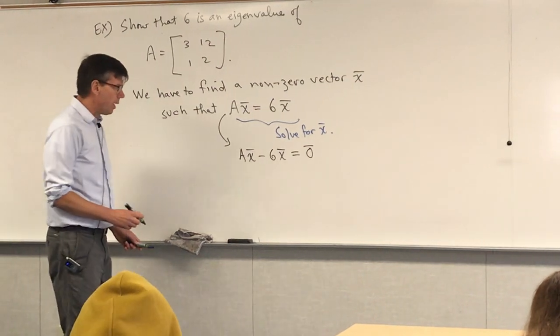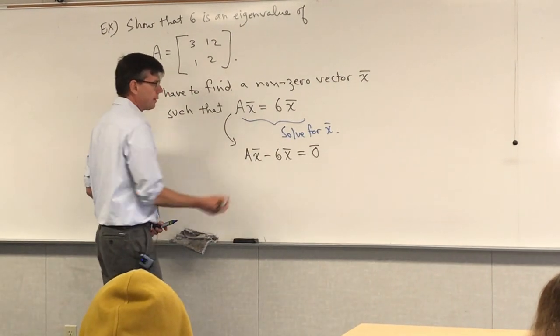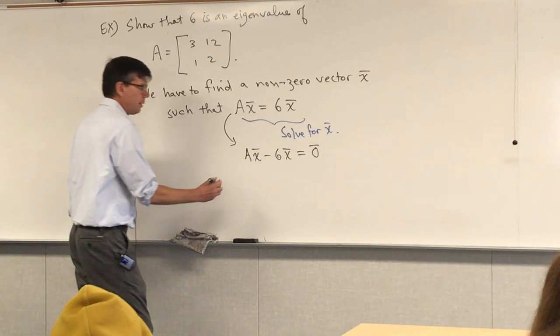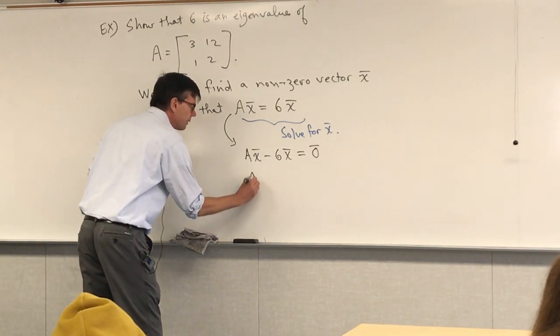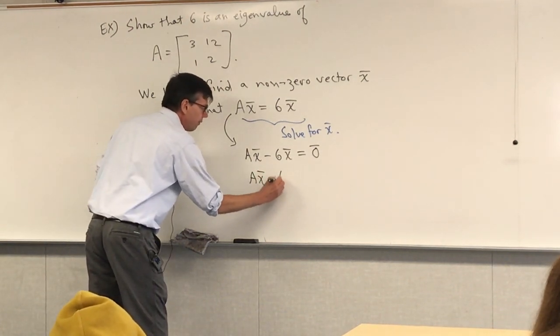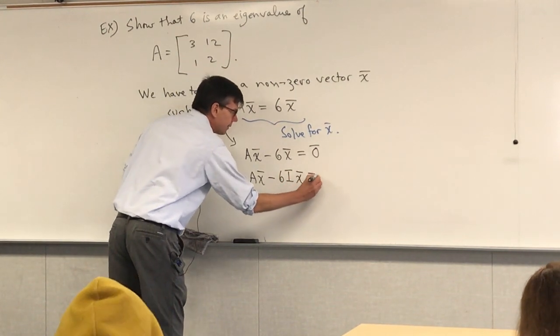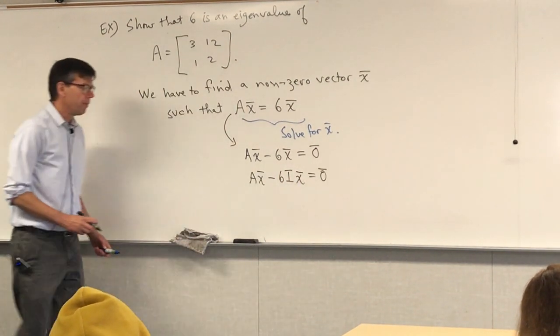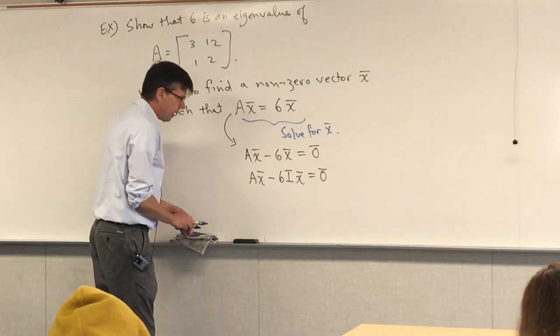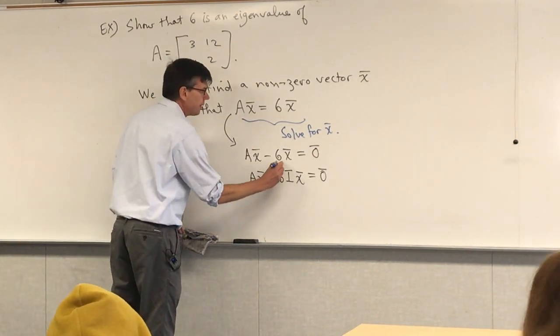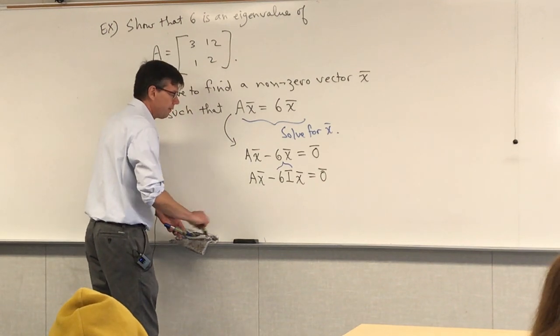And to do that, I want to factor out an x. To factor out an x, I have to rewrite this equation in the following way. I can replace the 6 with 6 times the identity matrix.